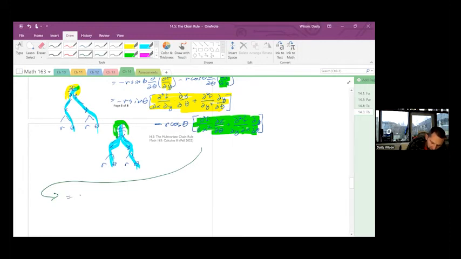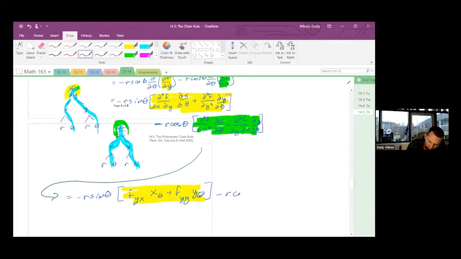This will be equal to minus R sine theta times F of YX, and then maybe I'll write it as x sub theta, plus F of YY, y sub theta. That's just the yellow part again, written more concisely.